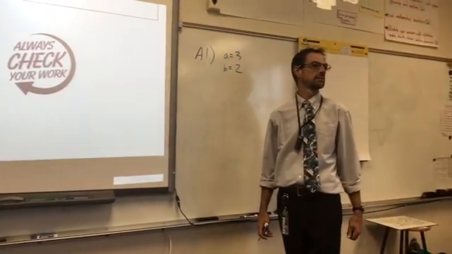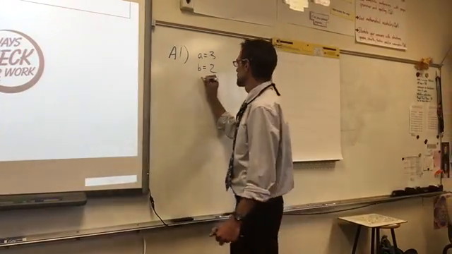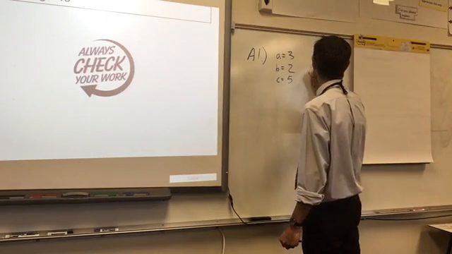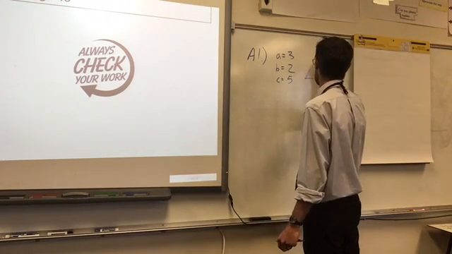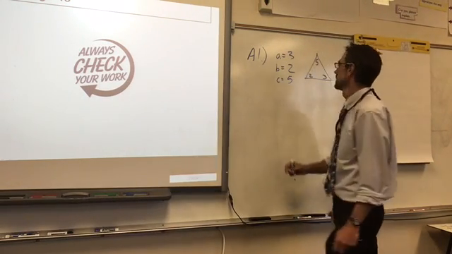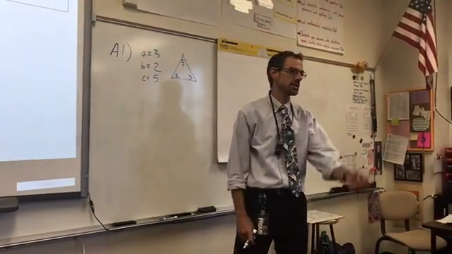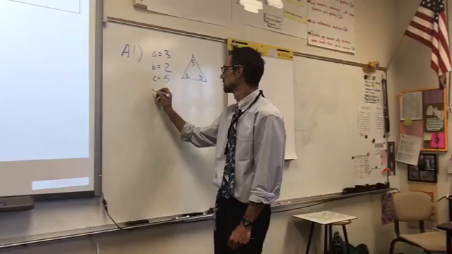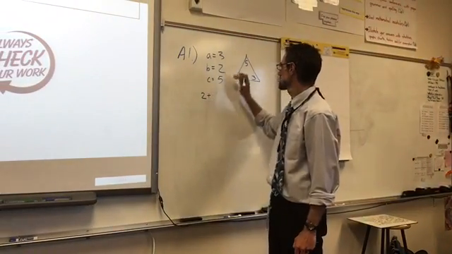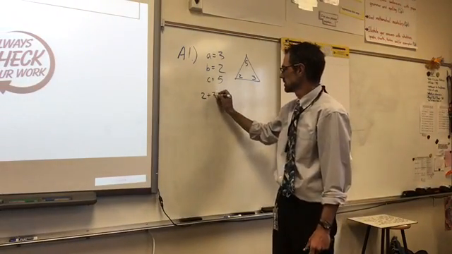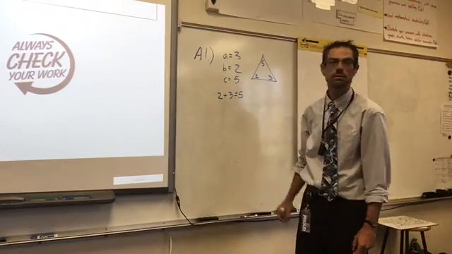So what's C? 6 and 5. C is 5. No, 5 is my sum. So what would be the addition number sentence I need to write? Because I cover up my sum, 2 plus 3 equals 5.